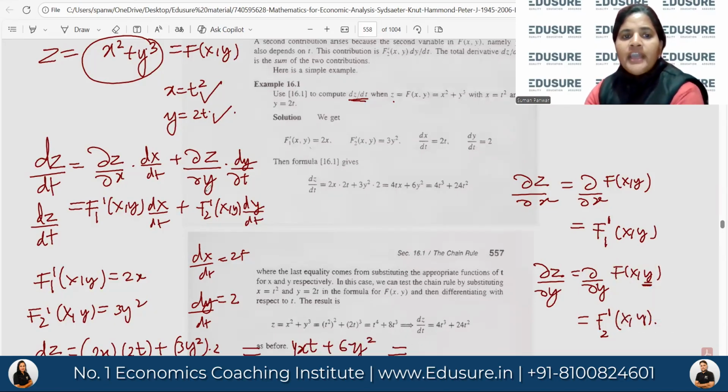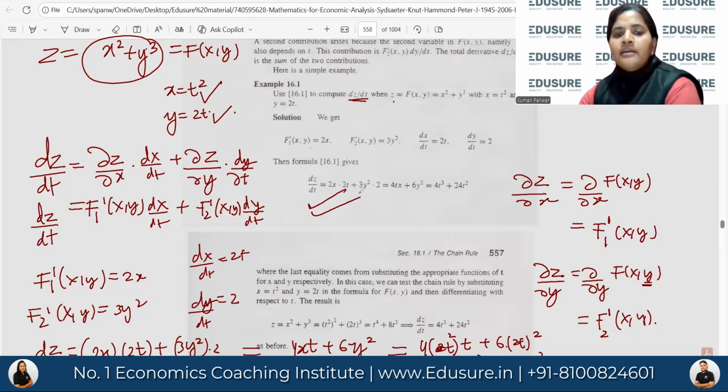And now if I want everything in terms of t, x is t square and y is 2t. So it is going to be 4t cube, 6 times 4, 24t square. So 4t cube plus 24t square. This is my first order differential with respect to t. That's not very difficult, and if you substitute, you can easily calculate.